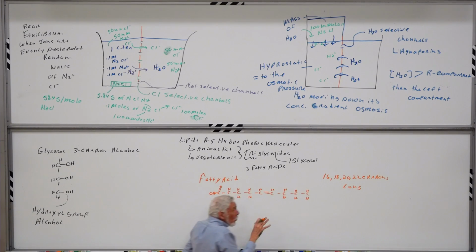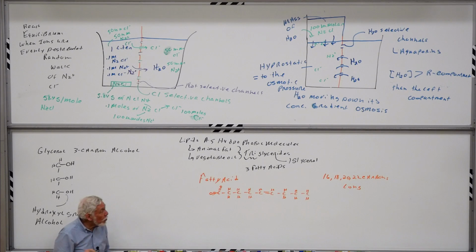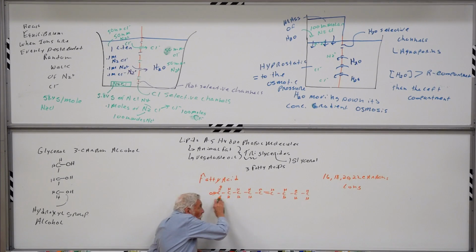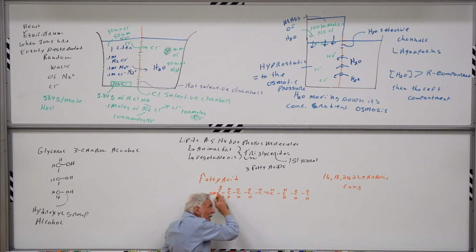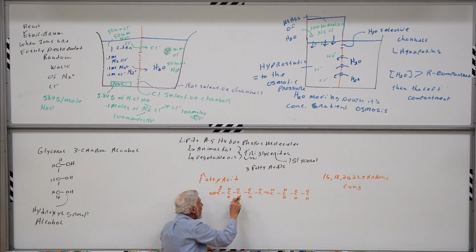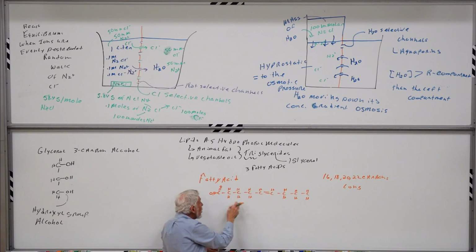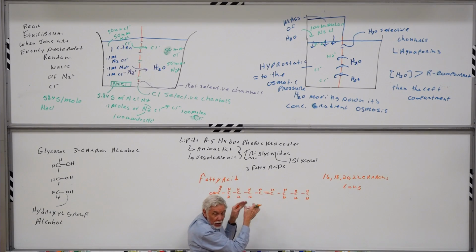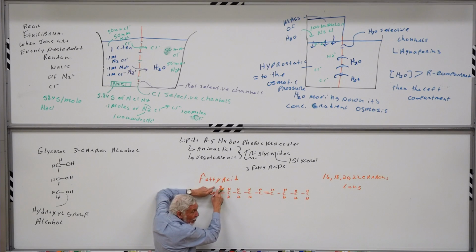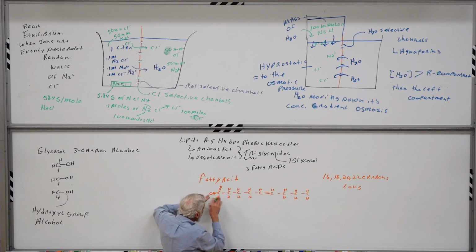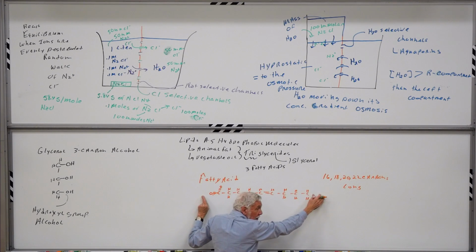But regardless of whether we're talking about 16, 18, 20, or 22, what's important is that wherever we look along the length of this fatty acid, all of these electrons are being equally shared. There's no unequal sharing of electrons to provide any charge in this molecule. There may be a little bit out here in the double bonded oxygen. This will be a little bit polar, but that's a small portion of this great long chain.